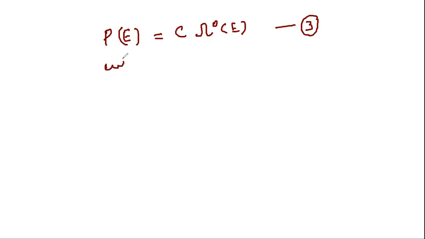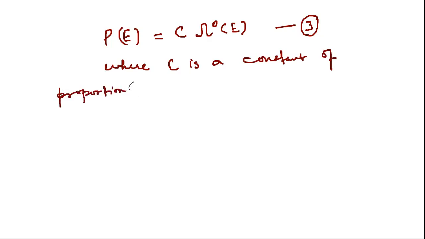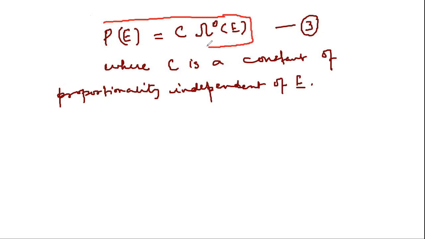Where C is a constant of proportionality, independent of energy E. So let me encircle it. This is my equation 3.